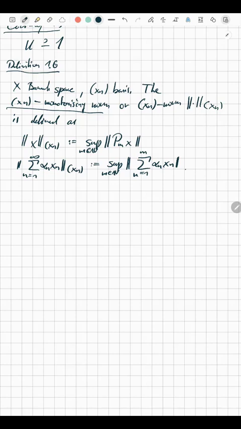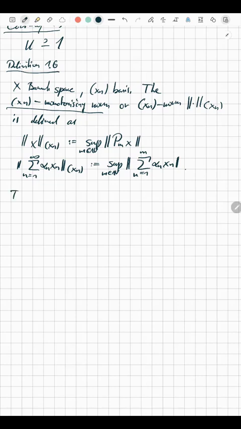And the name already suggests what this norm will be doing. We can, as will be shown next, renorm a Banach space X with this new norm and achieve then a monotonic basis. So x_n will become monotonic if we renorm the space X with this new norm. And indeed, these two norms, so the original norm and the x_n norm, will be equivalent.